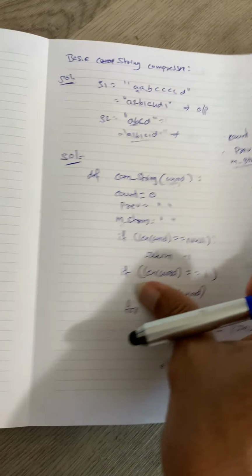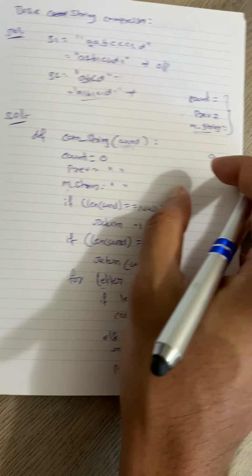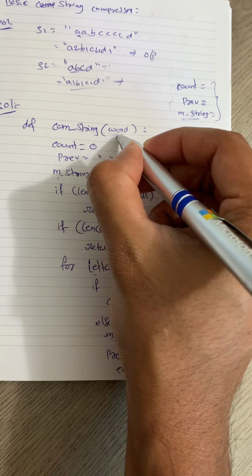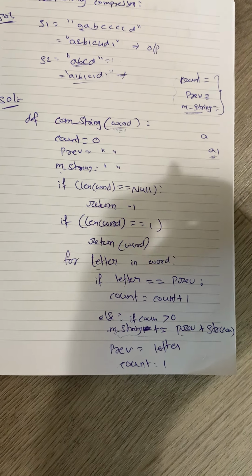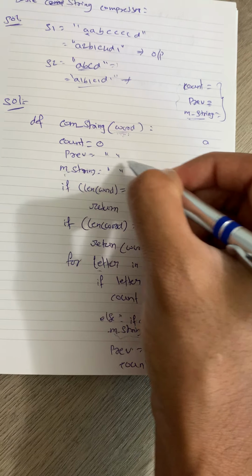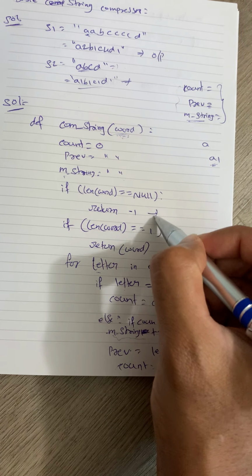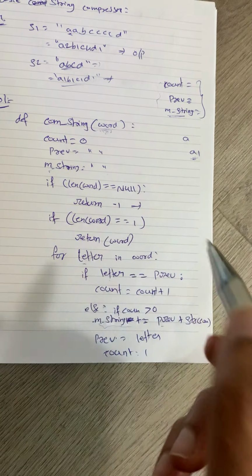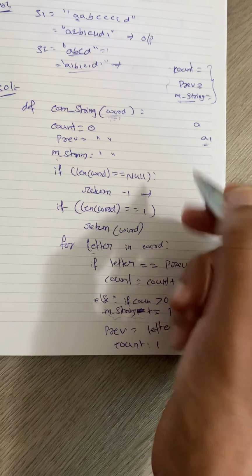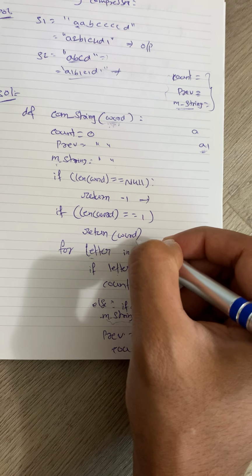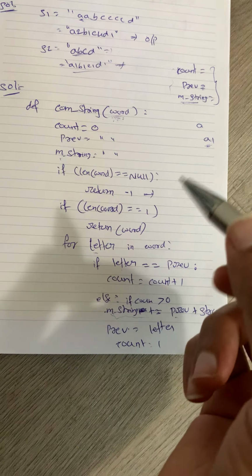So just to test the program, if we have an empty word, if we don't give anything, it will just return -1. But if we give only one character, then it will just return that character.